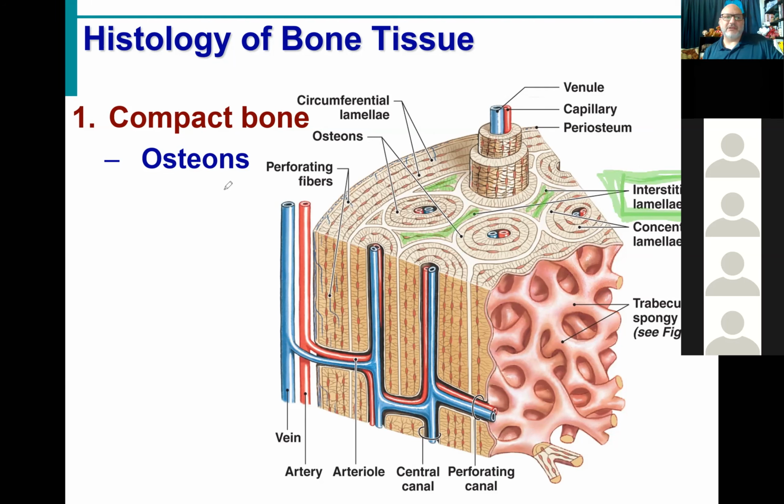Absolutely, interstitial lamella. So notice, our compact bone is formed by all three types of lamellae. Concentric, which forms the osteons.